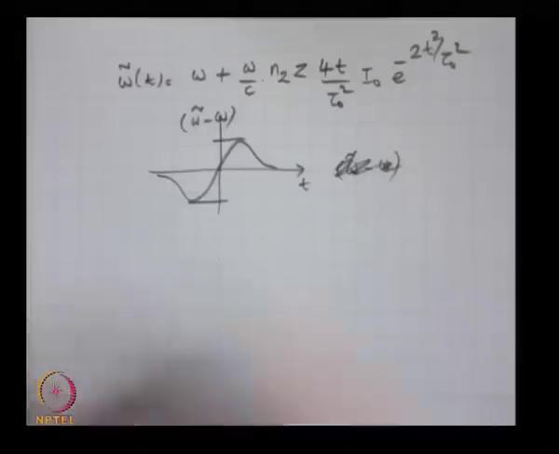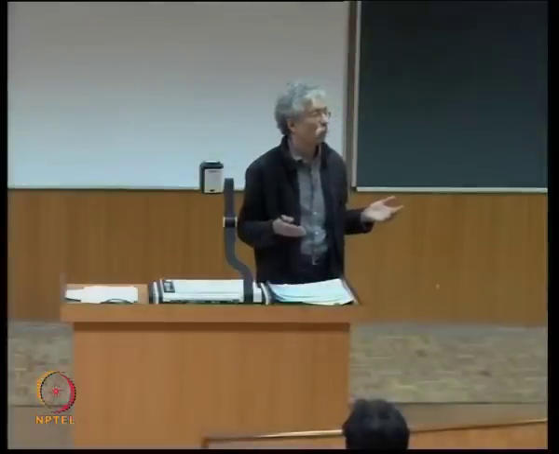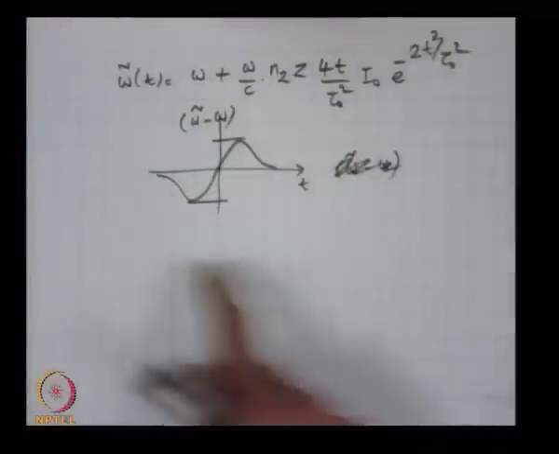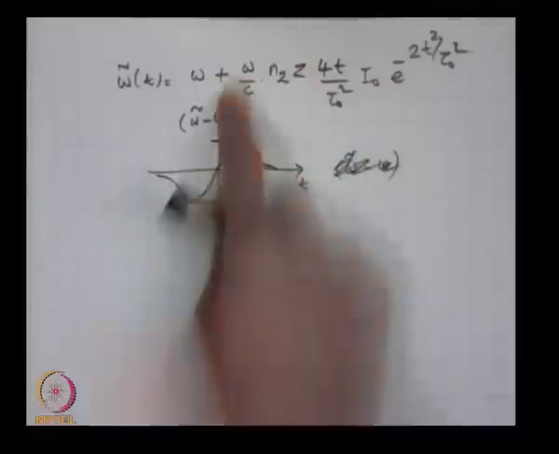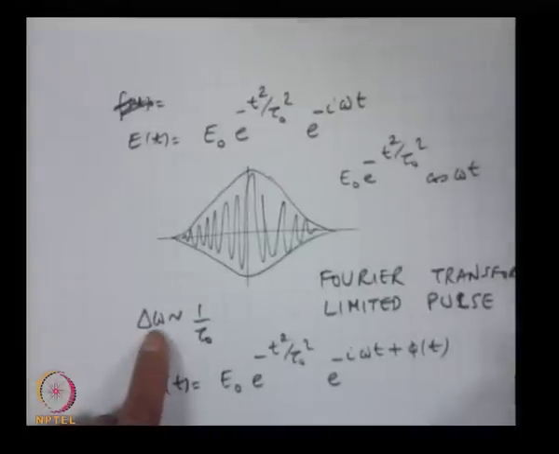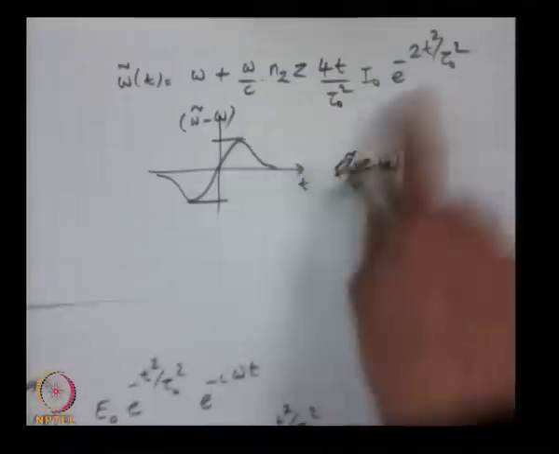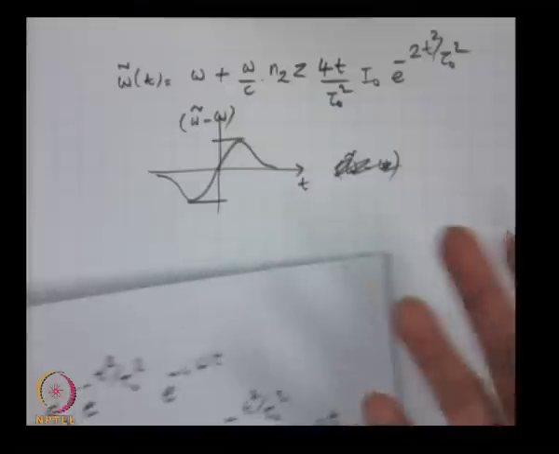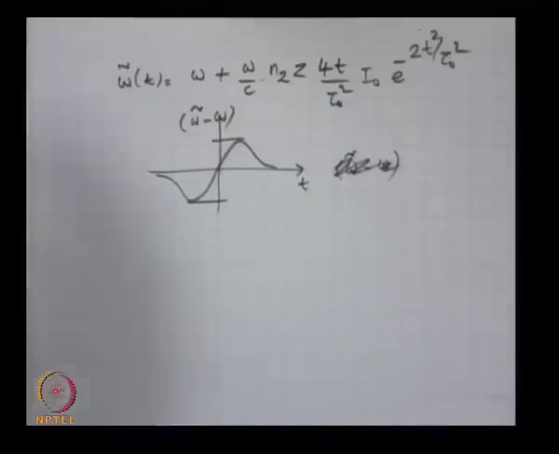I'm not saying this is exactly the increase in spectral width, but it is an indication of how much the spectral width will increase. So if this quantity is much bigger than delta omega, which I've calculated, then obviously this is the spectral width. Otherwise, it is related to the total spectrum. So what I'm trying to do is, from this quantity, find out how much is the increase in spectral width because of the nonlinear effect.